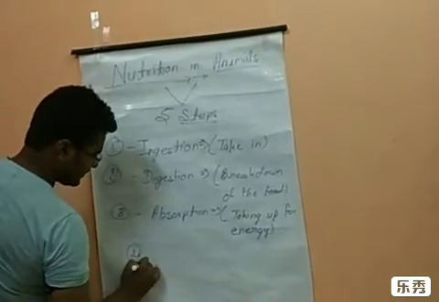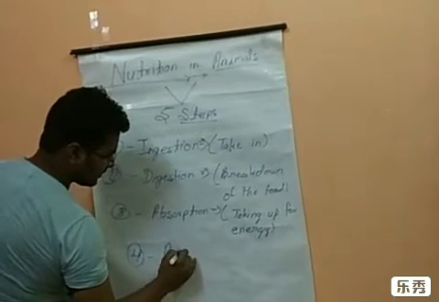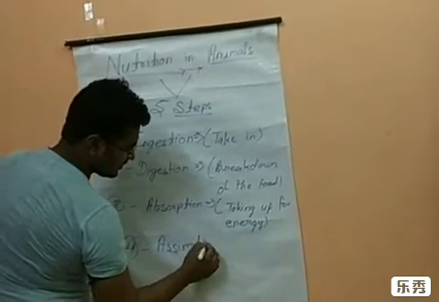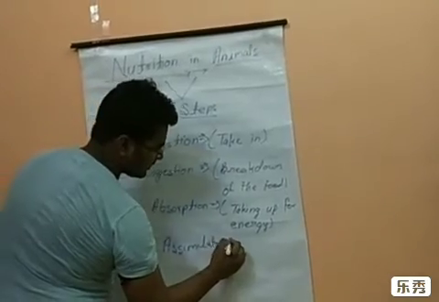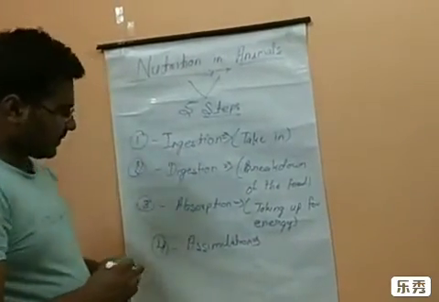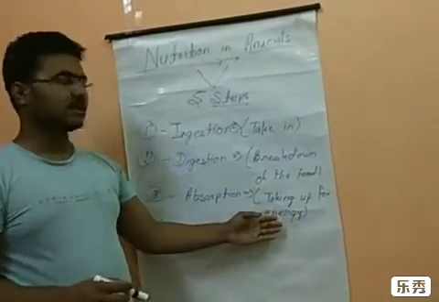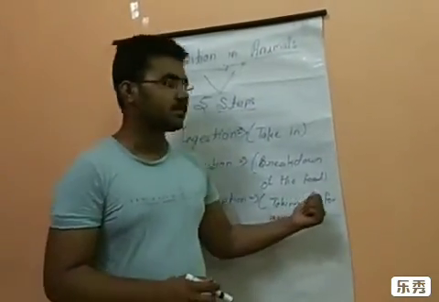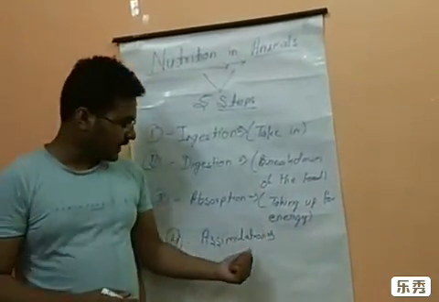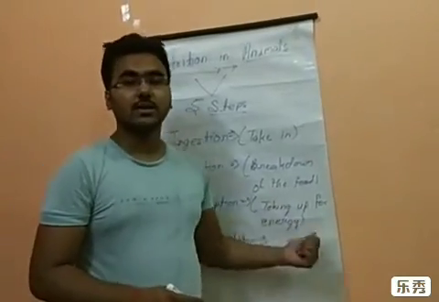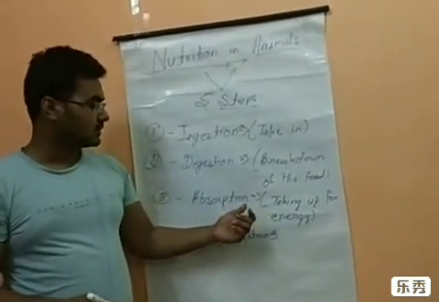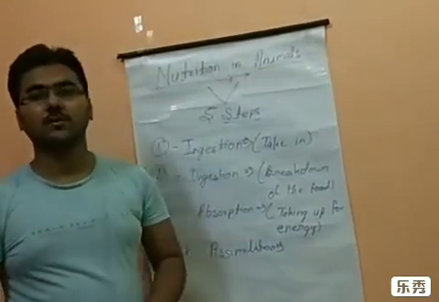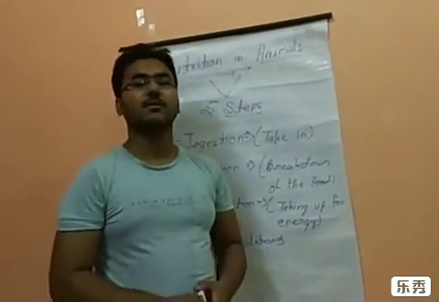Fourth one is assimilation. Here, the energy is generated from the digested food in the absorption process. Now in assimilation, the energy that was generated in absorption is transferred to the whole parts of the body with the help of blood and nerves.